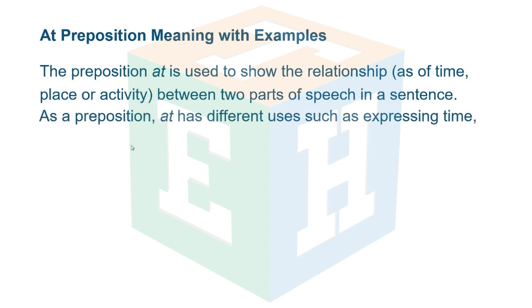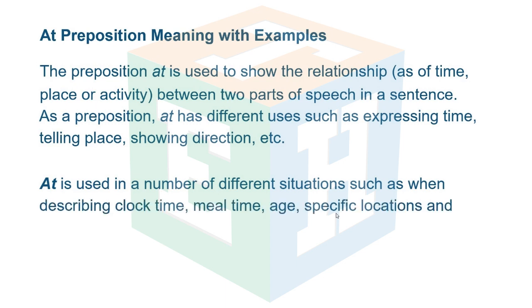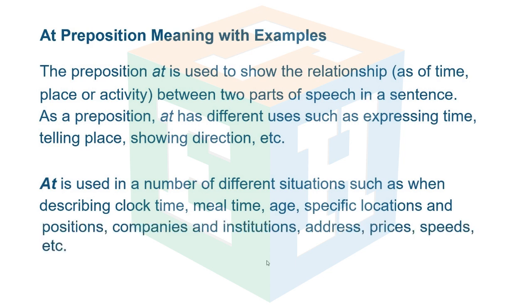As a preposition, at has different uses such as expressing time, telling place, showing direction, etc. At is used in a number of different situations, such as when describing clock time, meal time, age, specific locations and positions, companies and institutions, address, prices, speeds, etc.